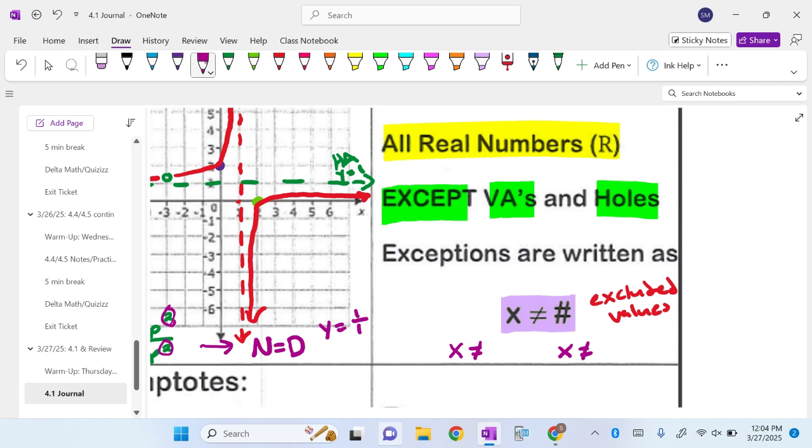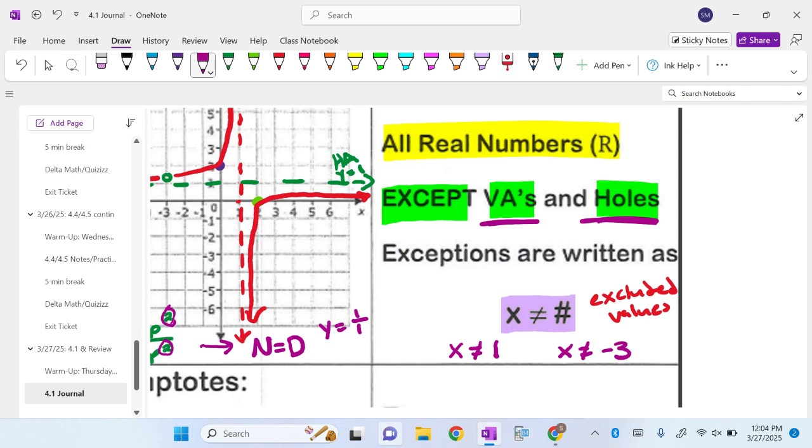What are those two x's? Guys, what's your vertical asymptote and what x value is your hole at? Couldn't have an x at x equals 1. Can't have one at -3. It's literally the x values of your vertical asymptote and your hole. We already found them.